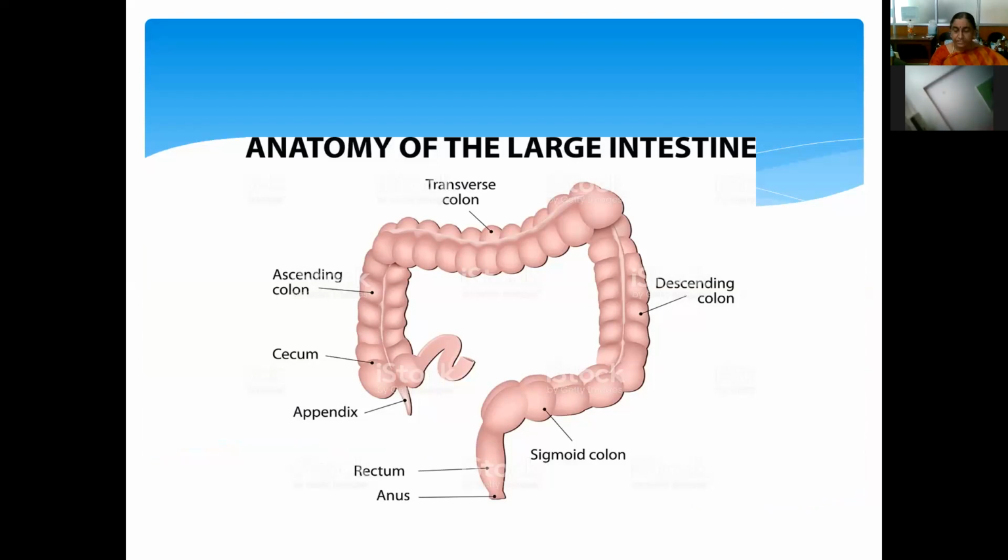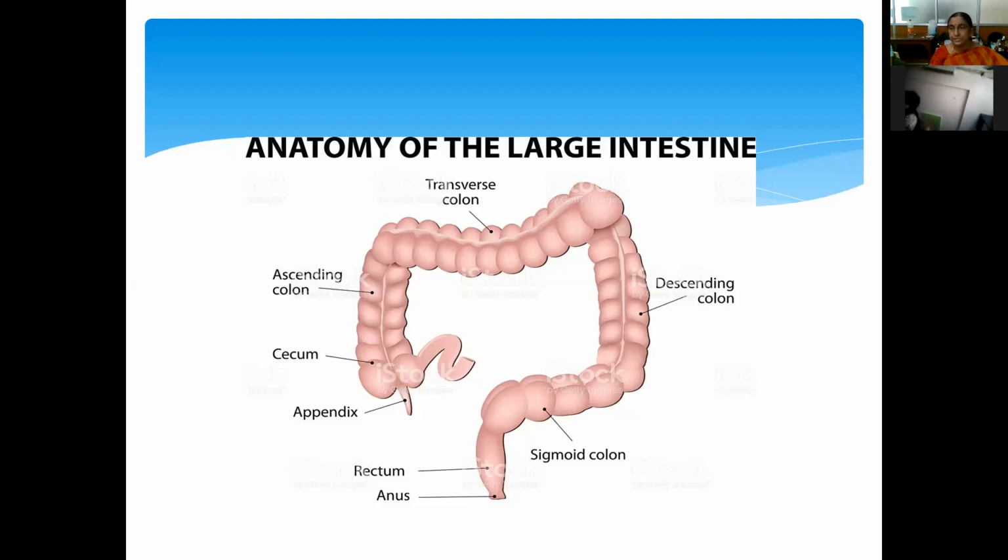So before actually going for the diseases of the large intestine, we are supposed to know something about the basic anatomical points regarding the large intestine and also some activities, that is physiology of the large intestine. So large intestine starts at ileocecal junction and ends at the anus, that is through the anal canal.